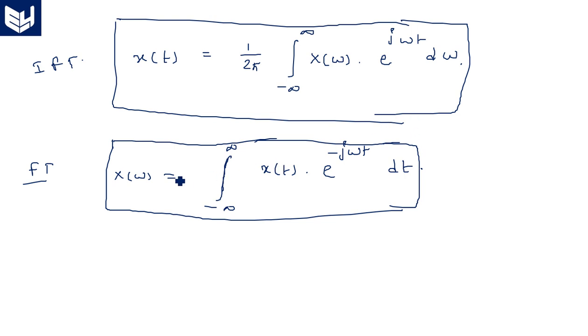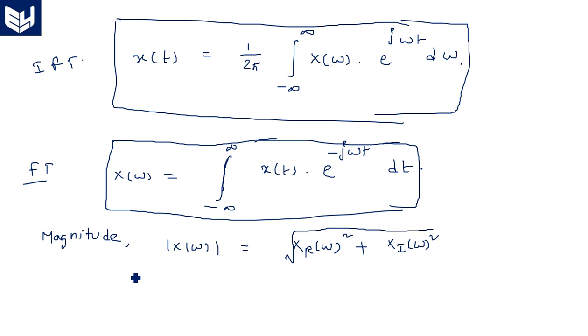Clear? Suppose you want to write the magnitude and phase of this signal. The magnitude, mod X of omega, the magnitude of the Fourier transform, is equal to the square root of the real part of X of omega squared plus the imaginary part of X of omega squared.